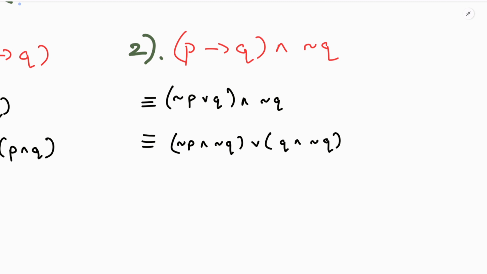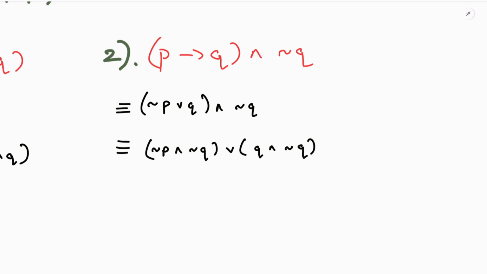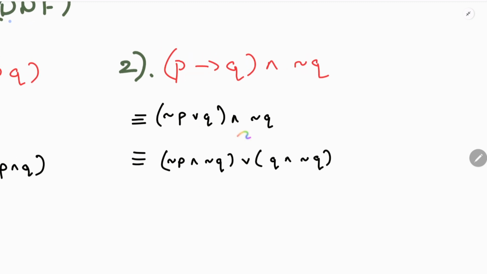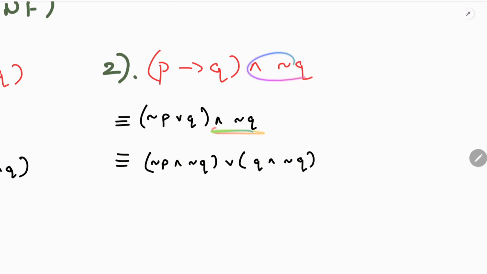So this is the second example, with the same thing: p conditional q and negation q. We will break this into negation p or q, and the other part is as it is. And now we will apply De Morgan's law in this. Sorry, we didn't apply De Morgan's law; I'm really sorry.